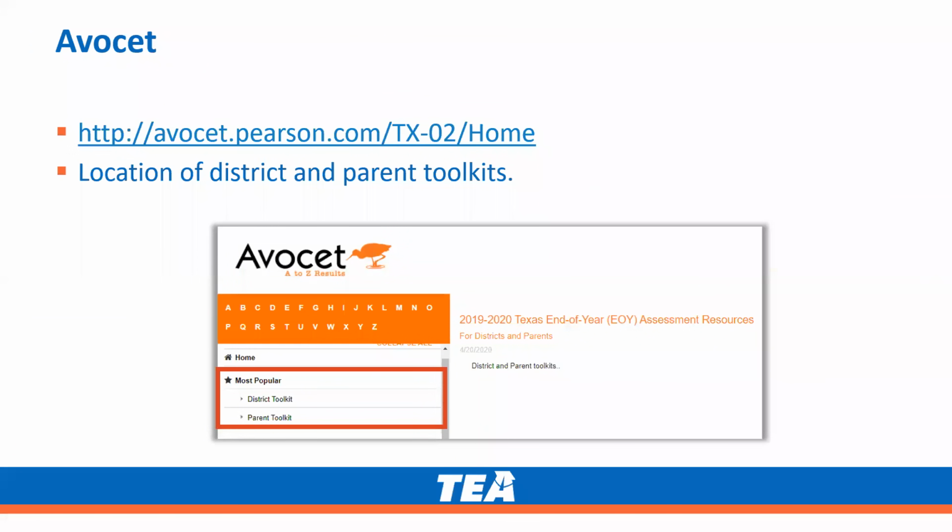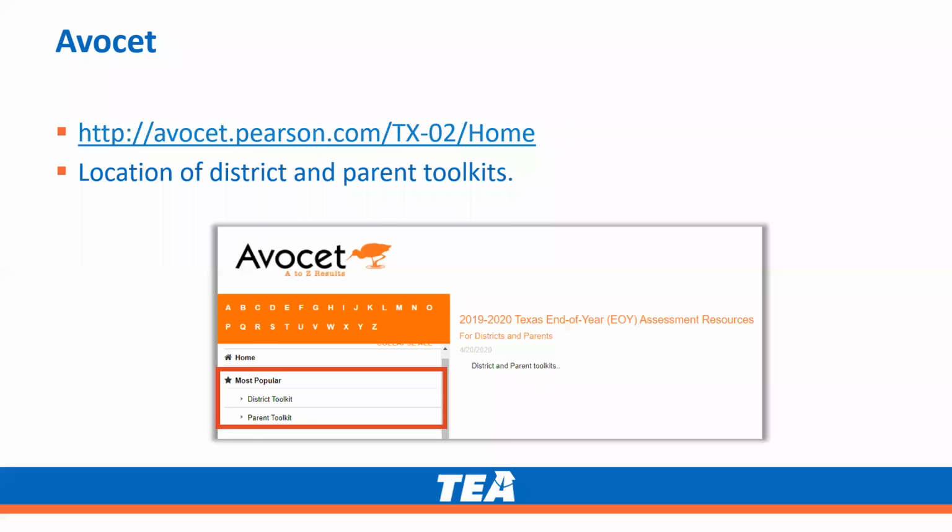So we'll see the next screen here. And again, if you notice the URL, it's different than the one that you're normally used to. This has a -02 in that URL, avocet.pearson.com/tx-02/home. And you'll see it looks different because it's not going to have much information as far as what you're used to seeing in the regular Avocet.